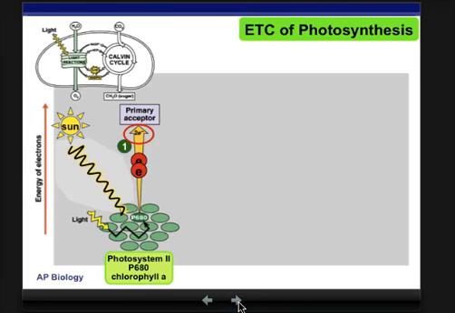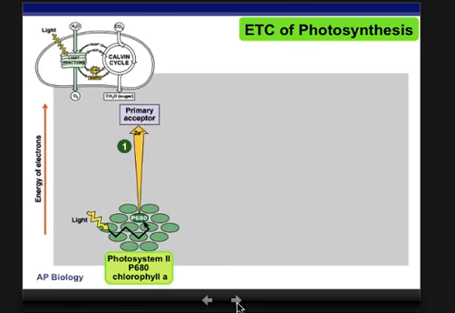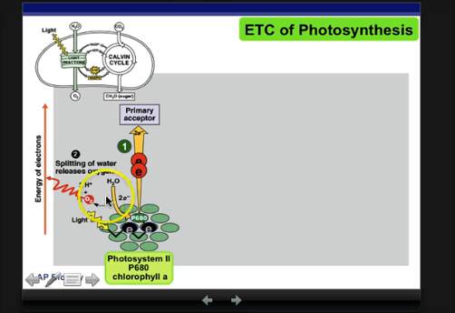There's our splitting of water, releasing our oxygen, and it's going to give off two electrons, one of which is replacing the missing electron of chlorophyll A, and one is our other electron represented here.